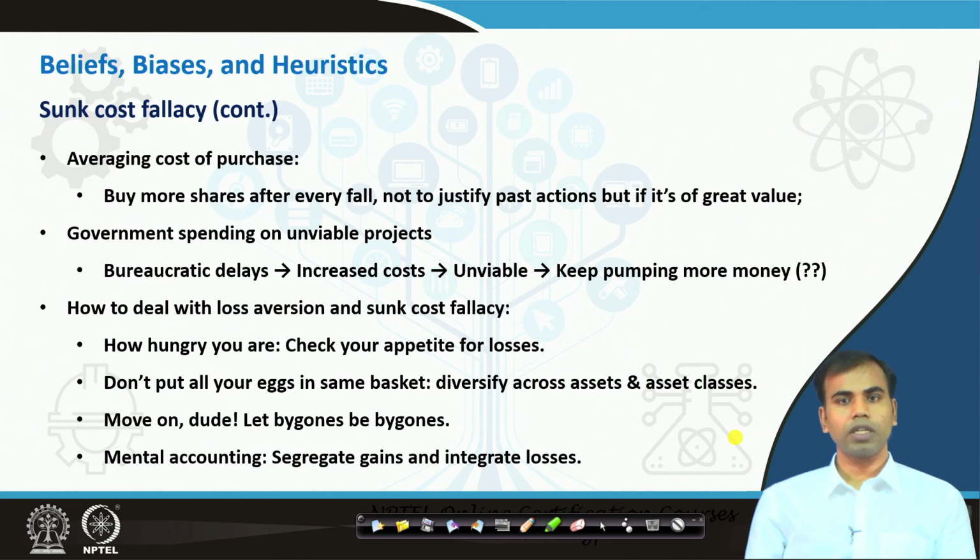So, if you want to use mental accounting for positive output, you should segregate gains and integrate losses, which means that when decisions have some gains associated with them, you segregate them, and if it is about losses, you integrate all the losses before you take the decision further. We have already discussed that when we integrate losses or segregate gains, we essentially change our reference point, and that reference point makes a very important contribution to our final decision making.